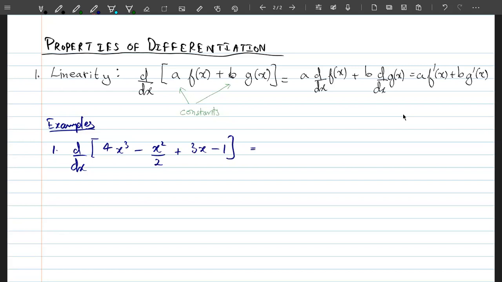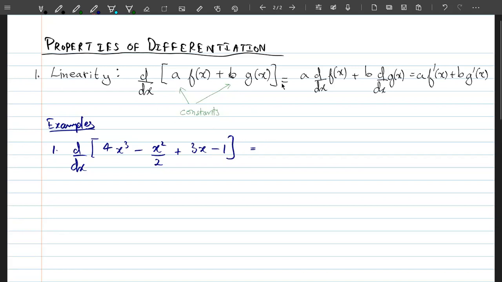Do we do this using first principles? That will involve 4 different terms to which you have to apply x plus h, replace x by x plus h, and here you will have x plus h whole cube, x plus h whole square, x plus h, expanding all these, combining the like terms and cancelling out, and then finding the limit. That's a very laborious process.